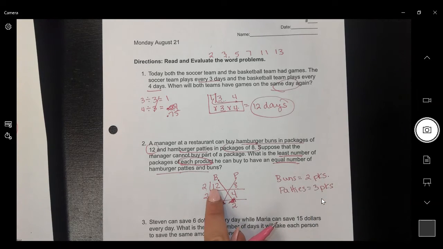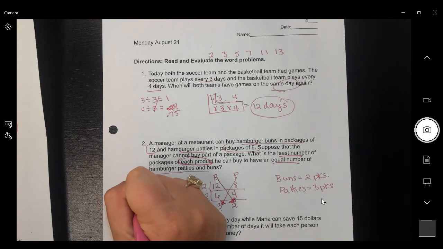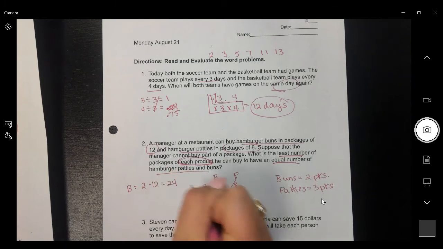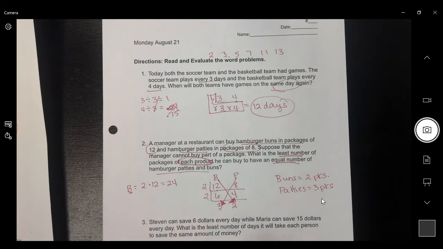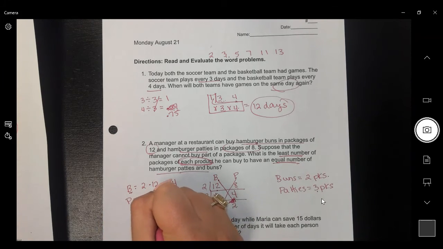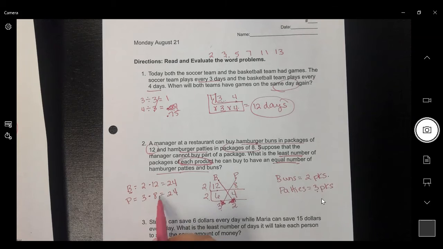If I buy 2 packs of 12 buns, I'm going to end up with 24 buns. And if I buy 3 packs of 8 patties, when I multiply those together, I also get 24. So I get 24 and I'm going to get 24. They're the same, and I'm not going to have any remainders or leftovers.